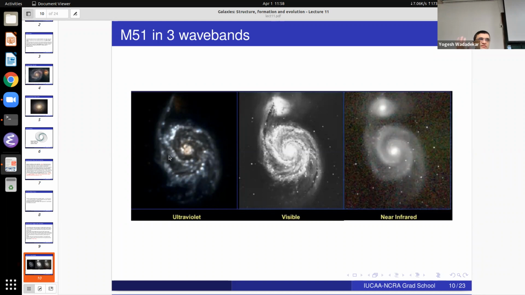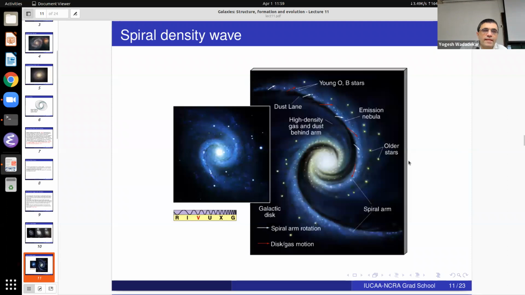And all the normal stars like the sun don't emit that much ultraviolet, and therefore they are seen in the visible, but not in the ultraviolet. In the near infrared, of course, you see all the low mass stars, so that is much more diffuse. It's much more spread out.